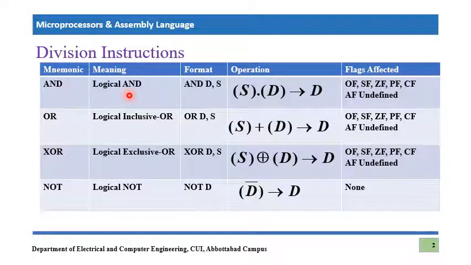We will be covering four instructions, and this is our first instruction, which is AND. It is for logical AND, which we know is a very important gate, and the format is very simple and easy to understand: AND D, S. D is the destination operand, which means the result-holding register. S is the source operand.